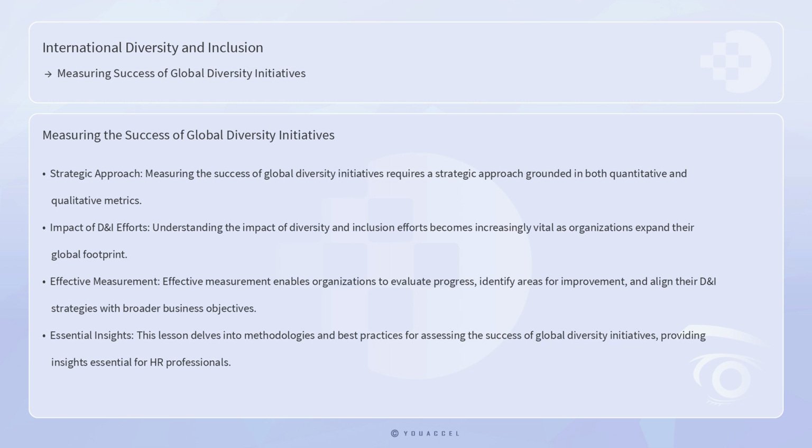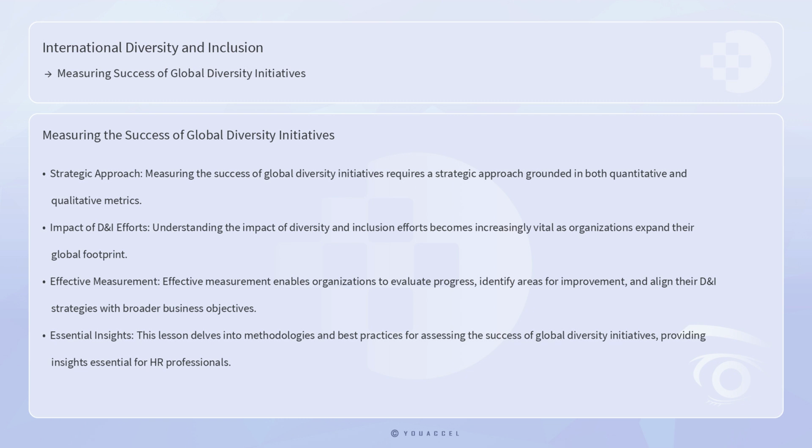Measuring the success of global diversity initiatives is a multifaceted endeavor that requires a strategic approach grounded in both quantitative and qualitative metrics. As organizations continue to expand their global footprint, understanding the impact of diversity and inclusion efforts becomes increasingly vital.